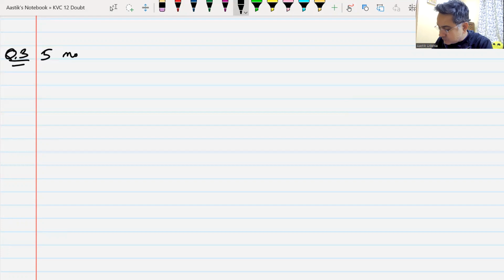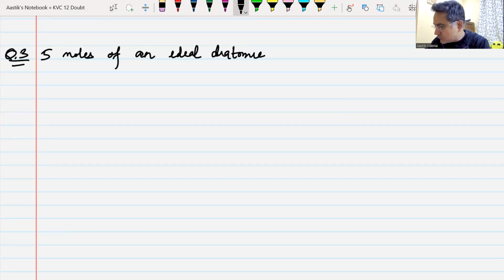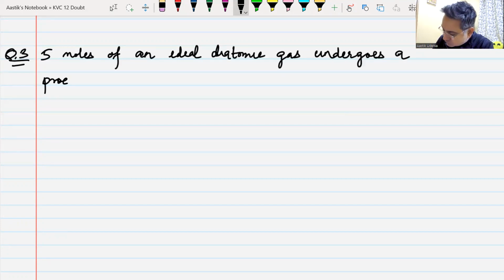5 moles of an ideal diatomic gas undergoes a process where P into T is a constant.